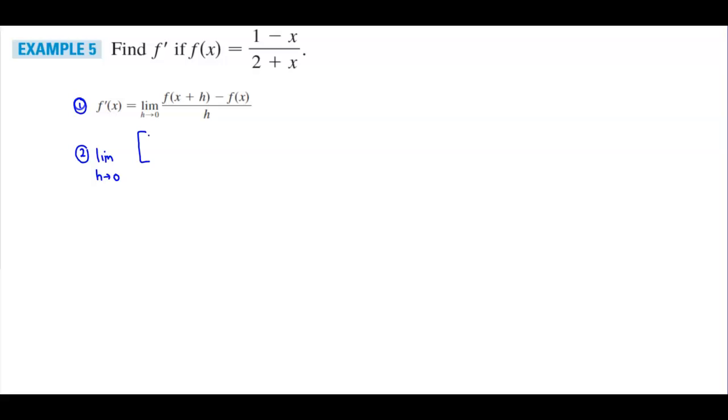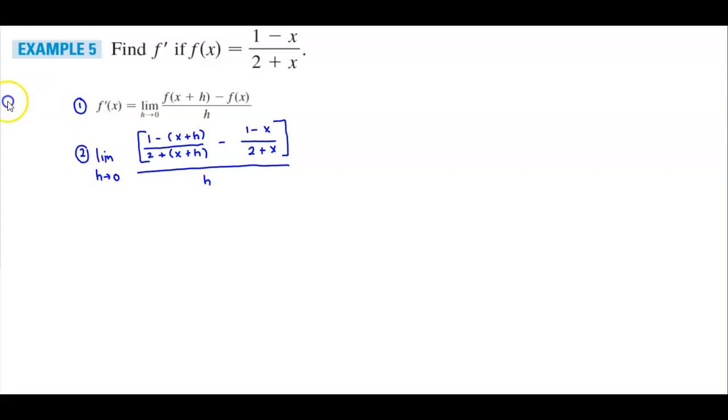So we're going to have 1 minus x plus h divided by 2 plus x plus h, minus f of x, which is 1 minus x over 2 plus x, divided by h.